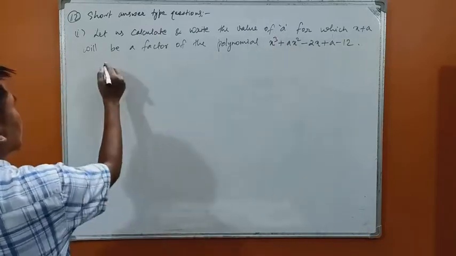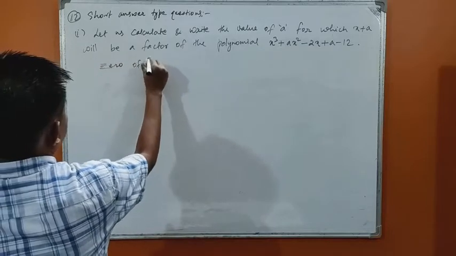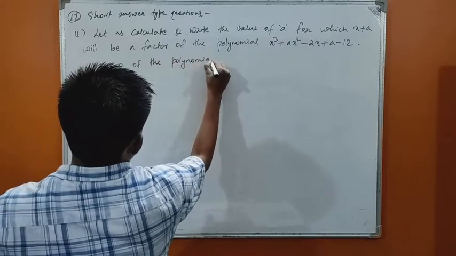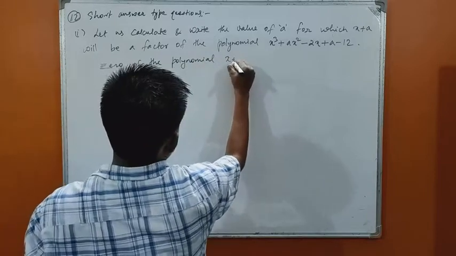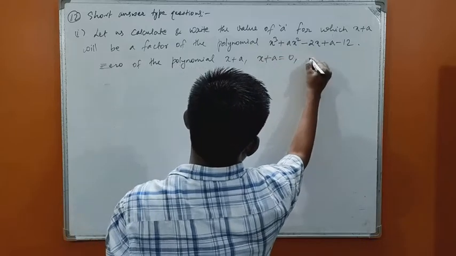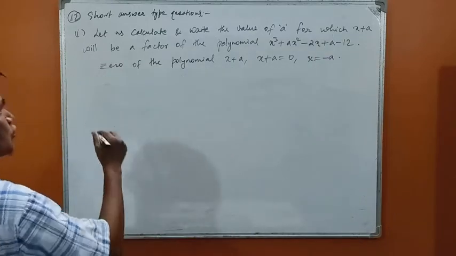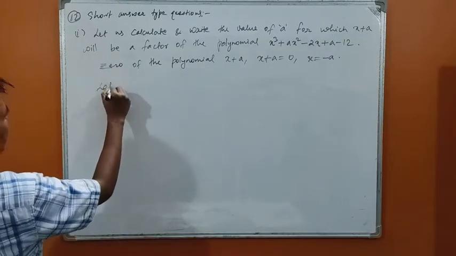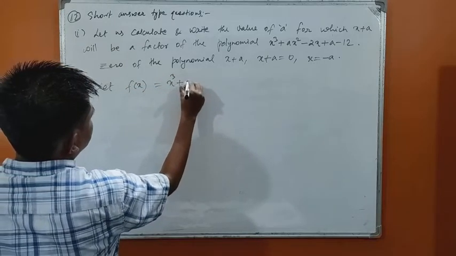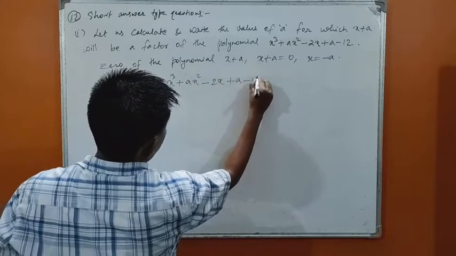The zero of the polynomial x plus a: x plus a equal to 0, or x equals minus a, when you take it to the right hand side. So let f(x) equal x cube plus a x square minus 2x plus a minus 12, isn't it?